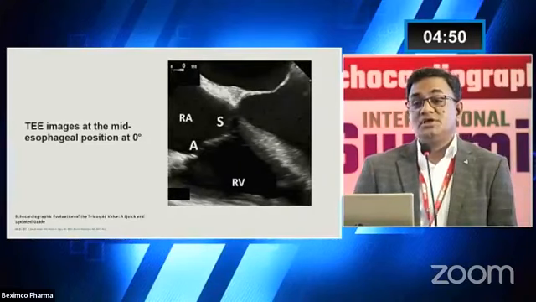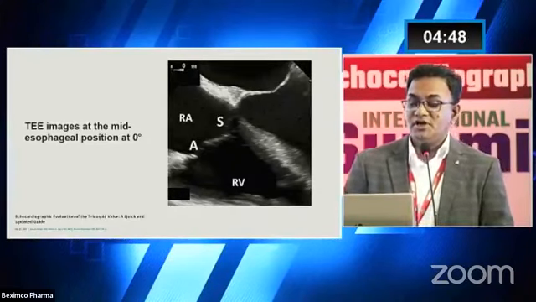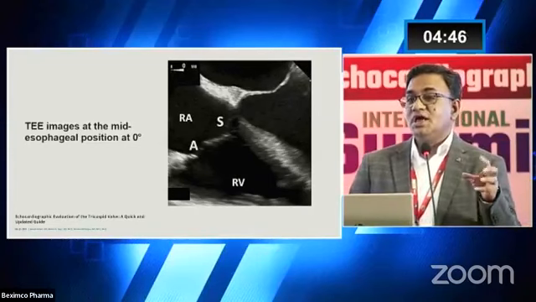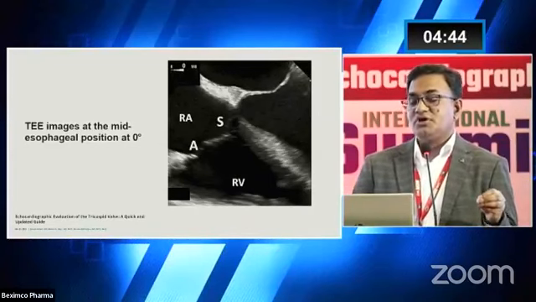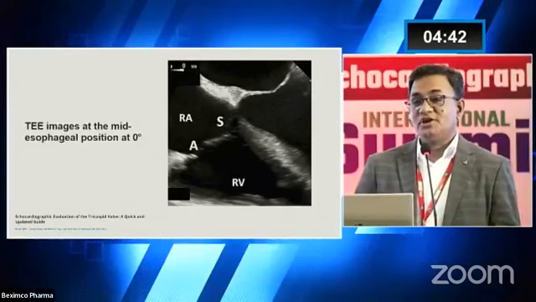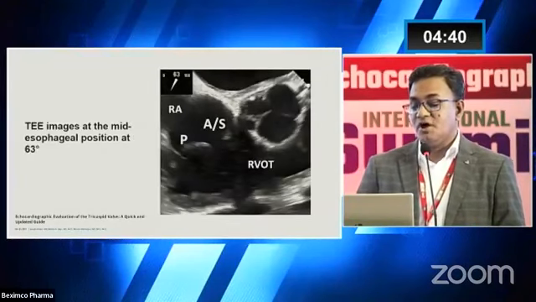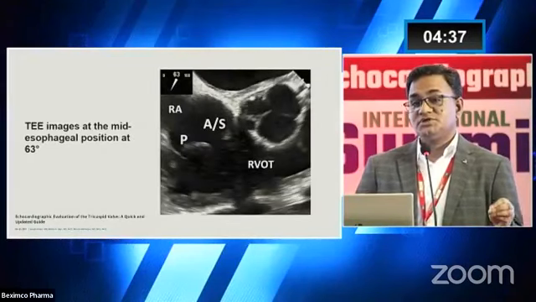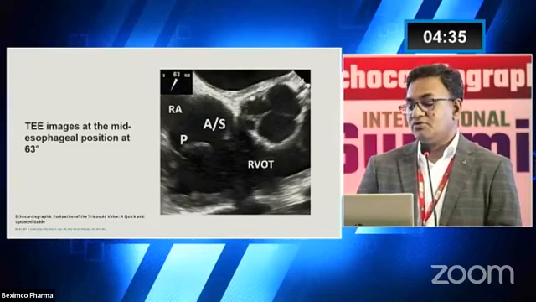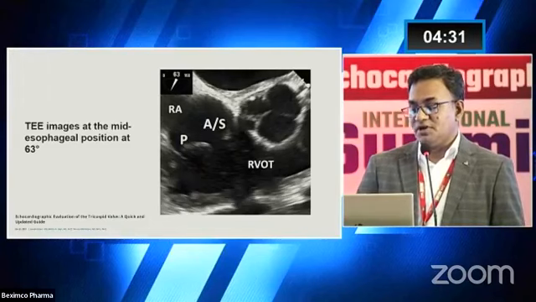In transesophageal echocardiography, at the mid-esophageal level at 0 degrees, in the four-chamber view, we can also appreciate the anterior and septal leaflets. Also at 63 degrees, mid-esophageal view, at the aortic level, you can appreciate the posterior and anterior leaflets.